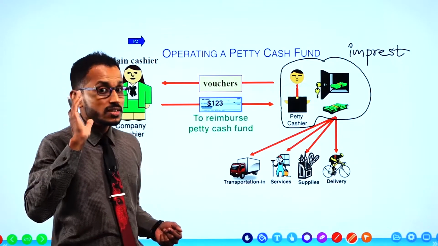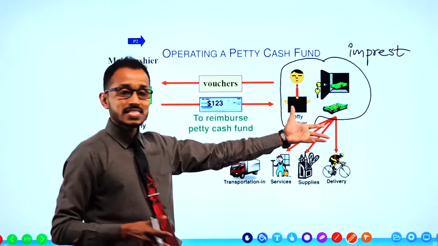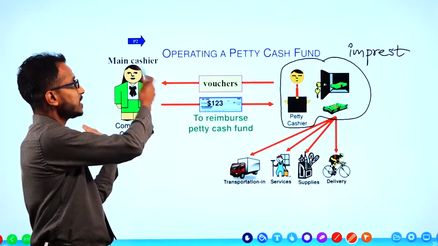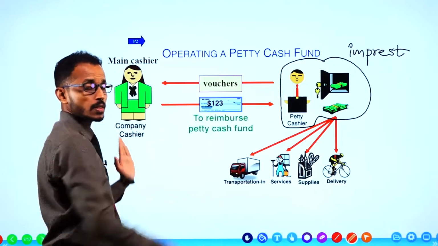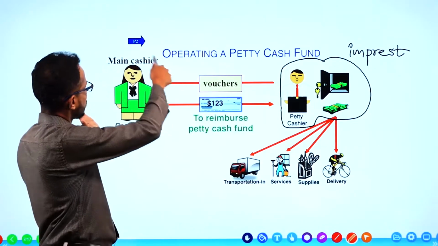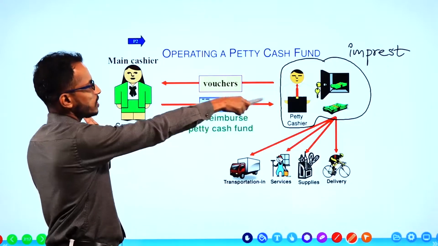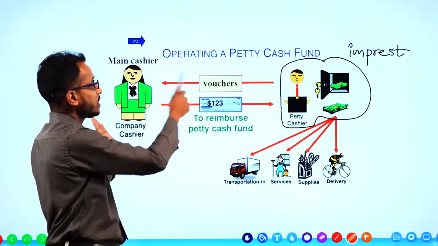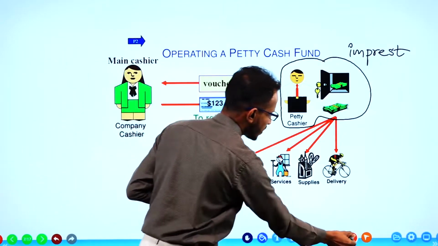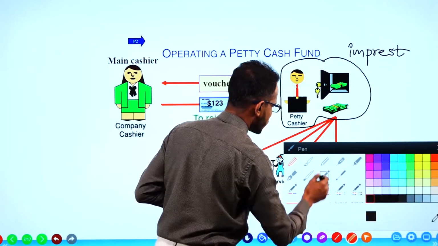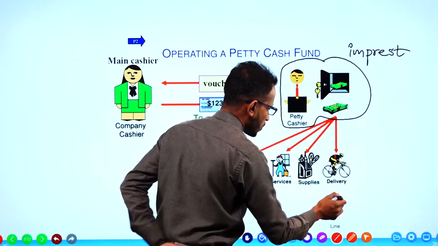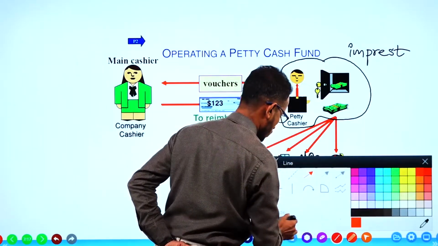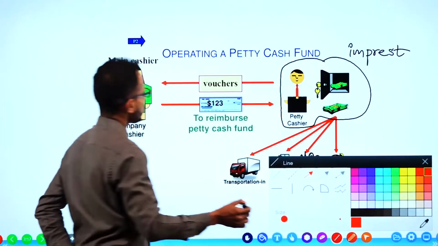But the thing that you should realize is, imprest is the amount of money which is handed over by the main cashier to the petty cashier. That is what we have shown from this arrow, children.